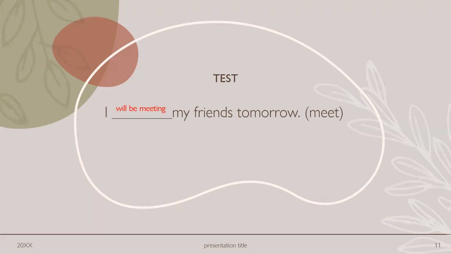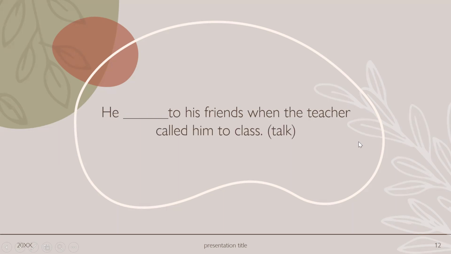Will be meeting. And why is it will be meeting? Because you can see the word tomorrow, and tomorrow means the future. So it has to be the future continuous tense. Will be, the word which is there in brackets, and ing. Let's try the next one. He dash to his friends when the teacher called him to class.